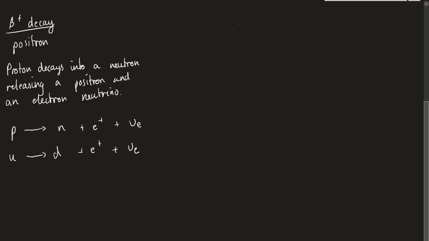And the last one that we're going to go through is called electron capture. Now electron capture is going to release just an electron neutrino, a massless particle. So this is kind of a weird thing to happen.